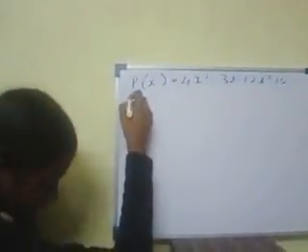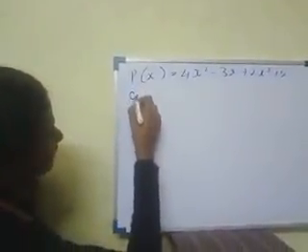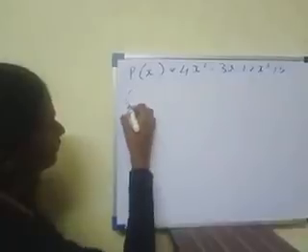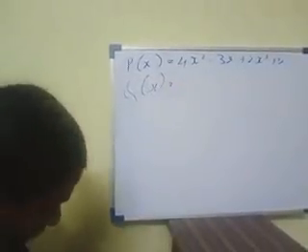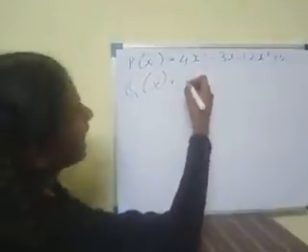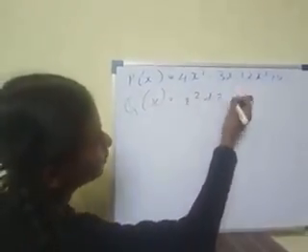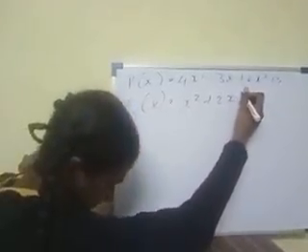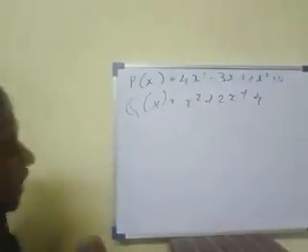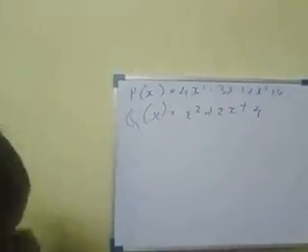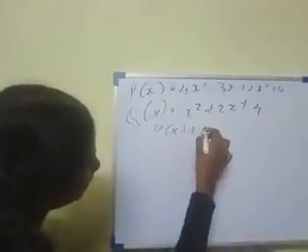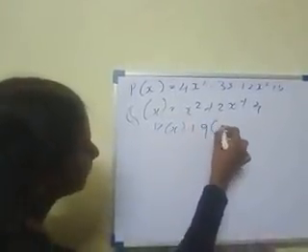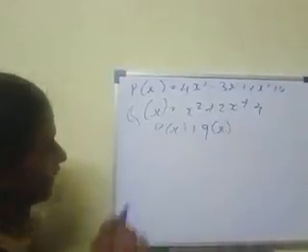Okay, next is q(x). q(x) is equal to x^2 + 2x + 4. Now we want to add and find p(x) + q(x).